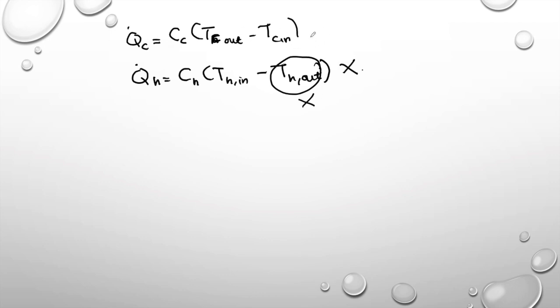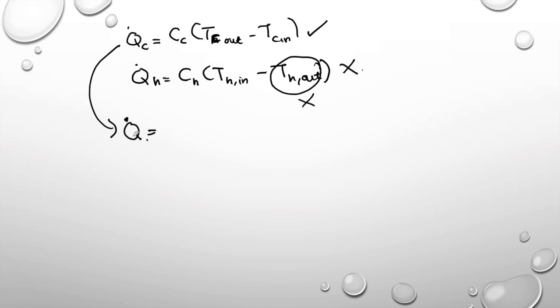Therefore, the only complete information given in your question is Q dot cold. So we will use Q dot cold to determine the actual rate of heat transfer. Q dot C is equivalent to Q dot H, because Q is constant. I give a subscript to differentiate between cold and hot water, but it actually has the same value.